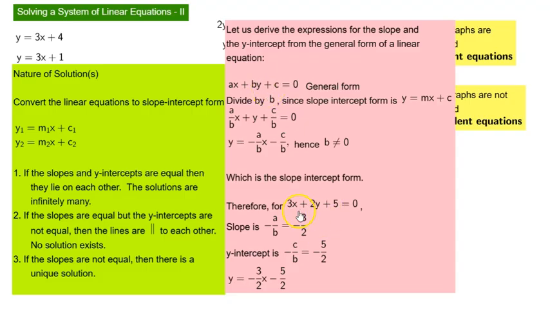So let's look at it through an example. 3x plus 2y plus 5 equal to 0. Immediately you know the slope is minus a by b, which is equal to minus 3 by 2. And y-intercept is minus c by b, which is equal to minus 5 by 2. And the equation in slope-intercept form is y is equal to minus 3 by 2 x minus 5 by 2.